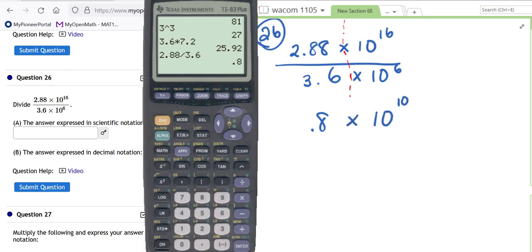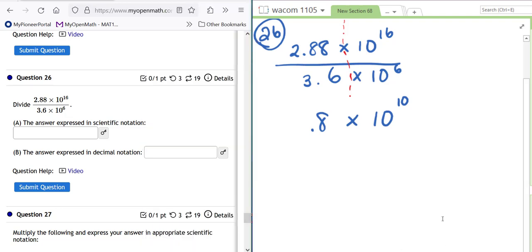Right, now the trouble is this is not in scientific notation anymore. Your decimal is in the wrong place. You have to have one non-zero digit on the left of the decimal. So you need your decimal to move to the right. If this one moves to the right, this one has to move the other way. So it will have to move left to make up for this.